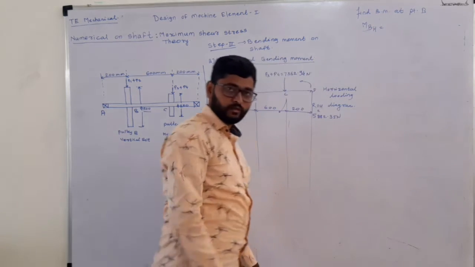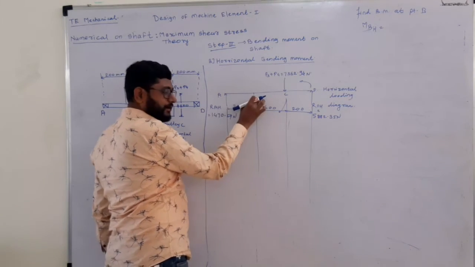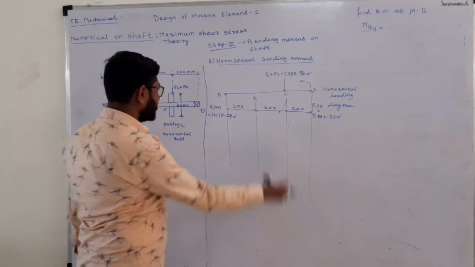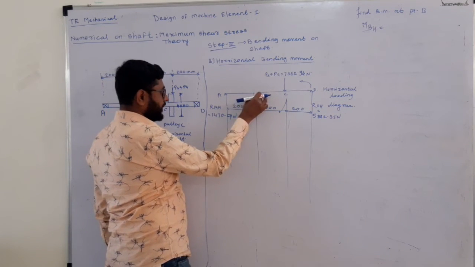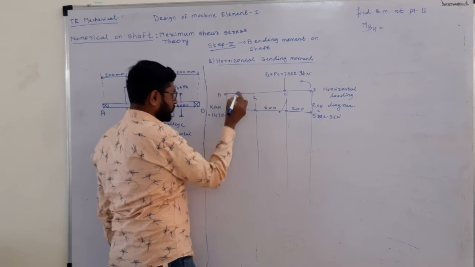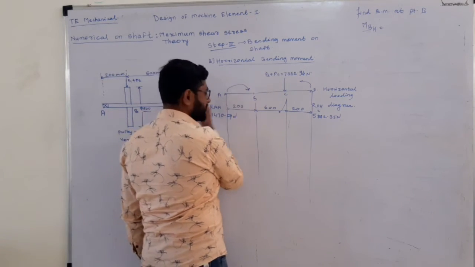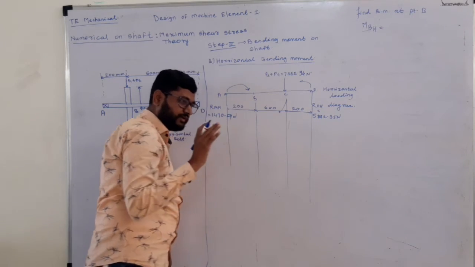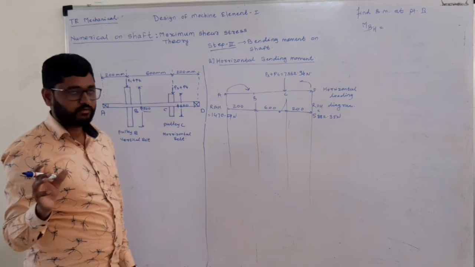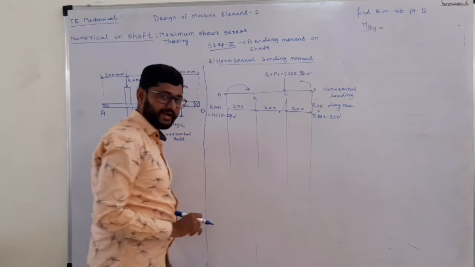That is MBH. At point B, we know that bending moment is nothing but force into perpendicular distance. To find the bending moment at point B, we have to consider the forces either on the left side or on the right side.